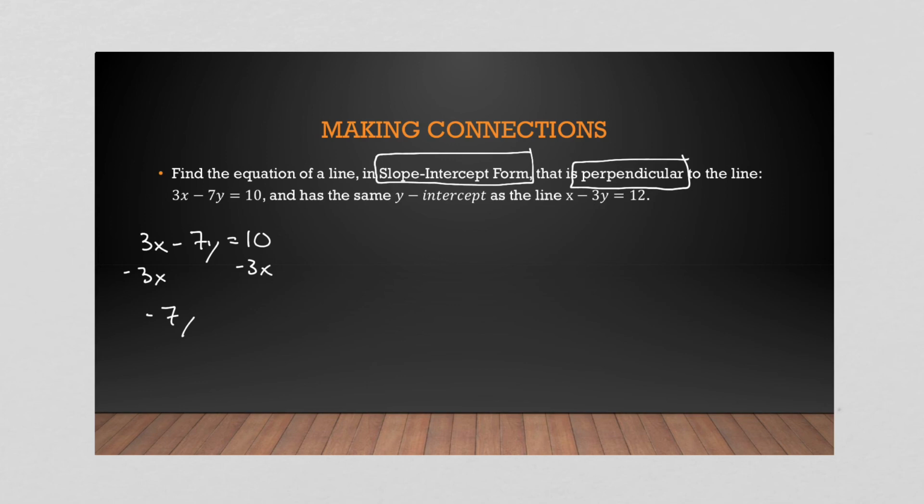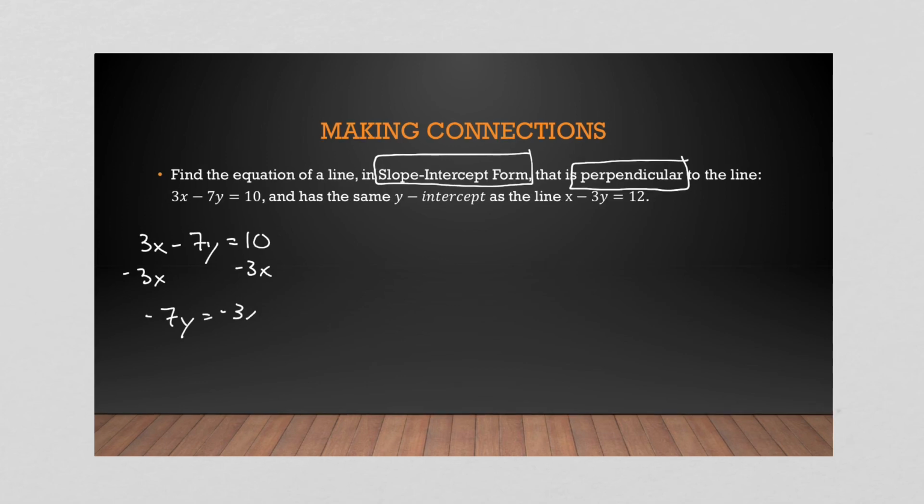So negative 7y equals negative 3x plus 10. And then divide everything by negative 7. Y equals 3 over 7x minus 10 over 7. So if this is the slope of the line and we're looking for one that's perpendicular, we're looking for a slope that is negative 7 over 3.